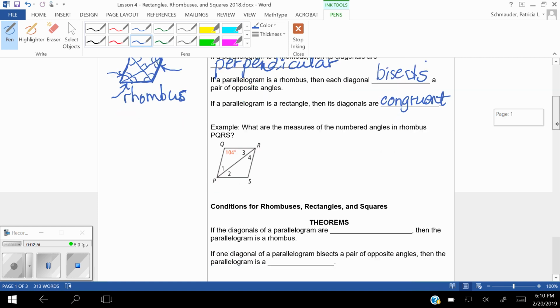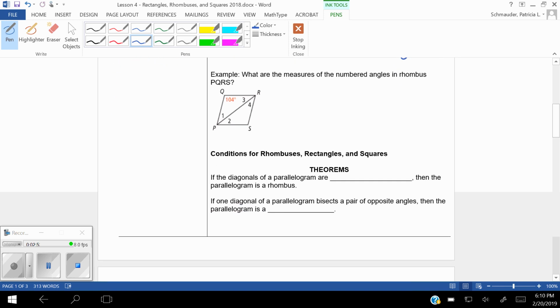Okay, so let's see our example here. What are the measures of the numbered angles in rhombus PQRS? Okay, it's a rhombus, therefore we know that the opposite angles are bisected. So first of all, I'm just going to write down all the things we know here. I know that angle QPS is congruent to angle QRS.